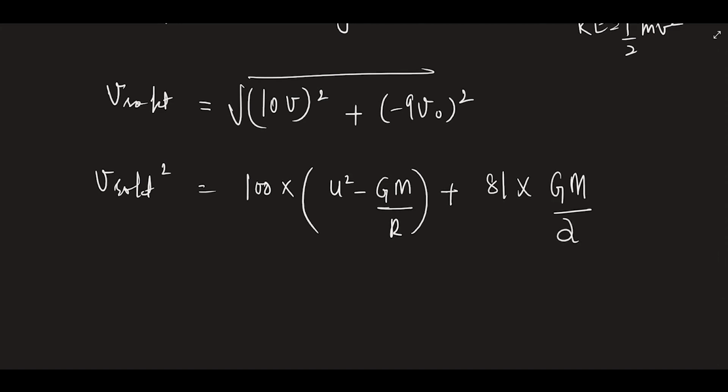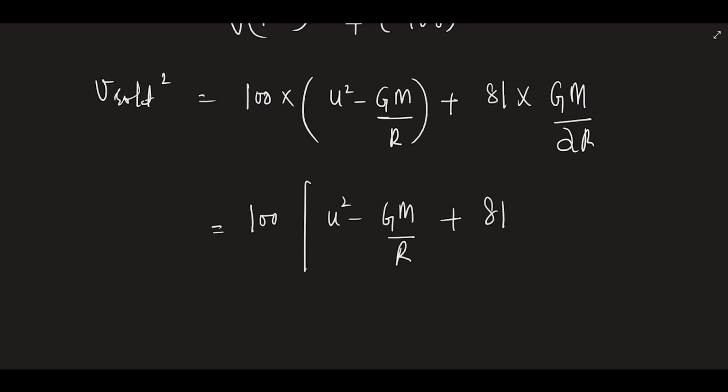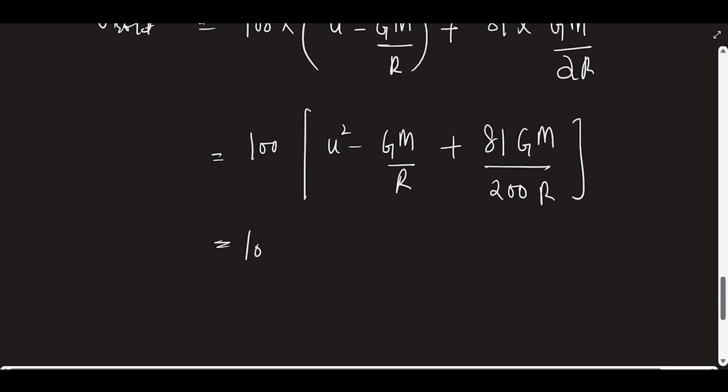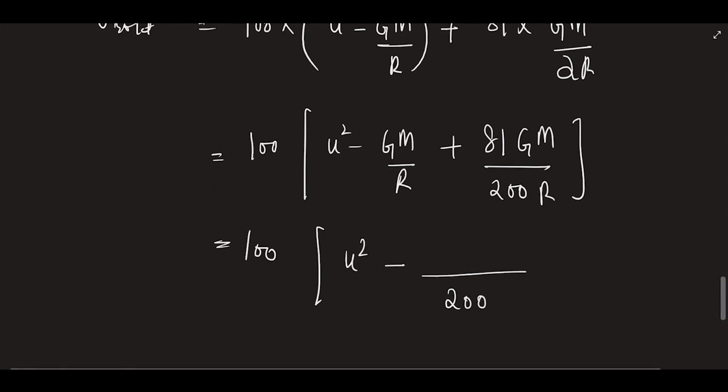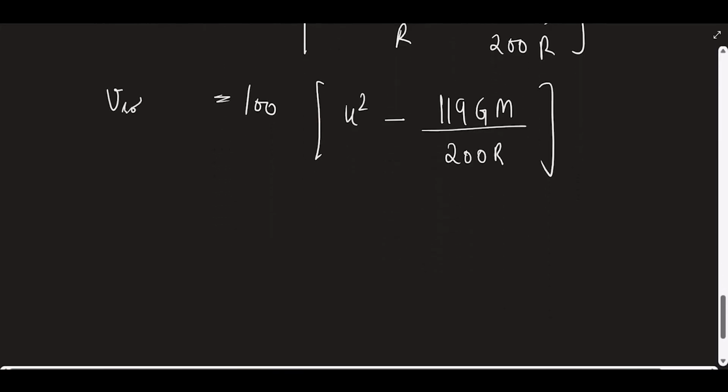Okay, so we'll solve this a little bit, and we'll take 100 as common, u square minus GM by r, 81 GM, 100 is common, so 100 will multiply here. If we solve this a little bit, then we'll get 200r as the LCM, minus 200 plus 119 GM. Okay, this is our rocket velocity, that too only the magnitude.